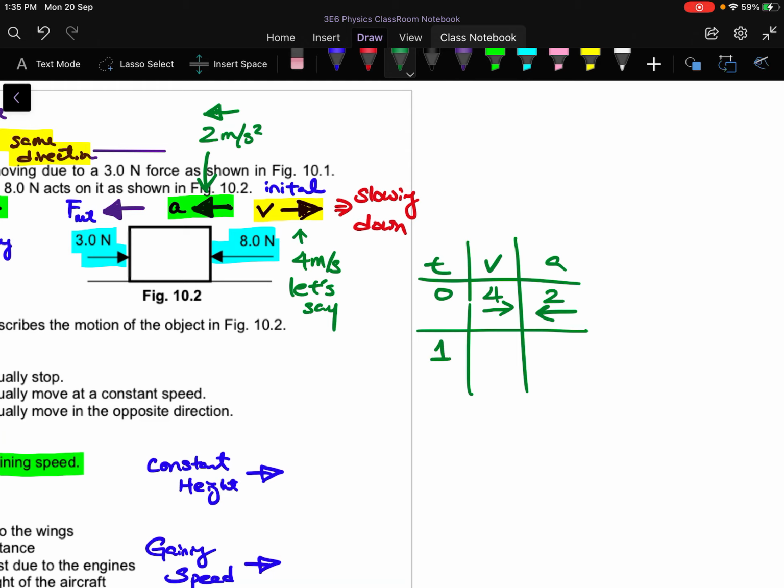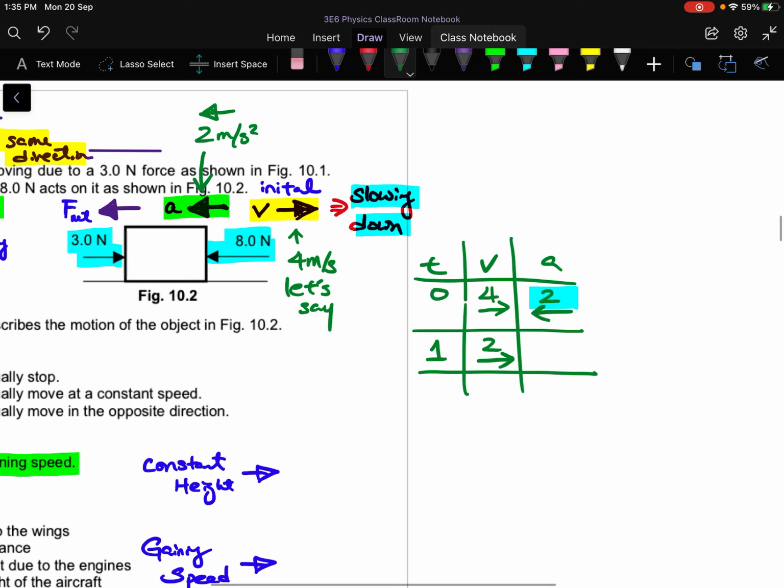So after 1 second, my velocity should change by 2, and I should slow down by 2, because that is what we know. Therefore my new velocity will be this way. And since the 8 Newton is still acting there, my acceleration will still be this.